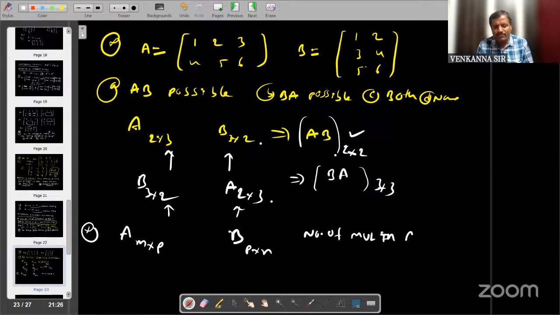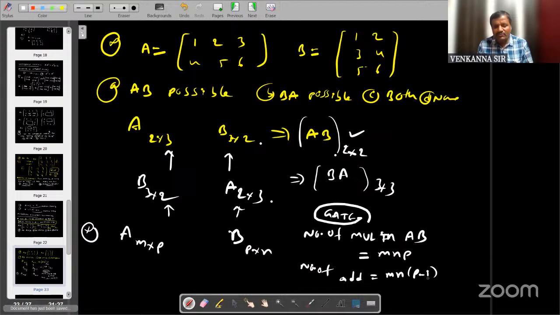After multiplying AB, how many multiplications do we get? The number of multiplications in AB is M into N into P, and the number of additions is M into N into (P minus 1). That is also very, very important. So that is about additions and multiplications.